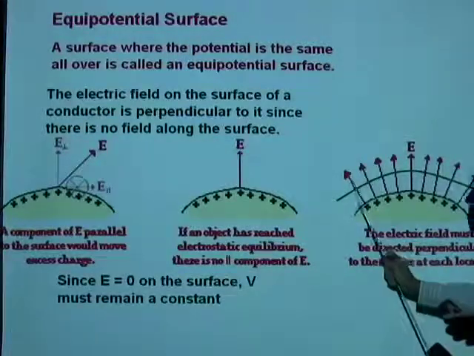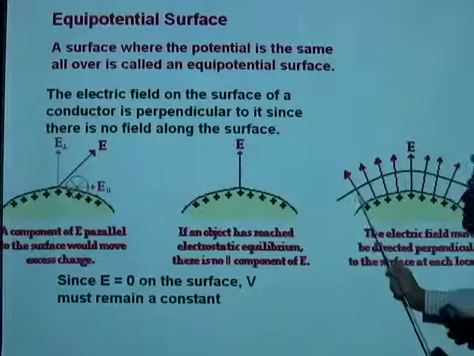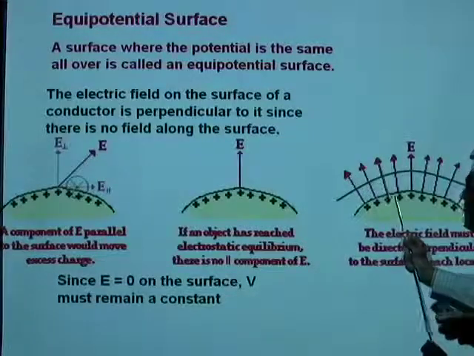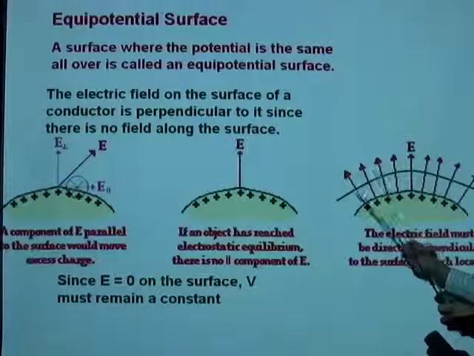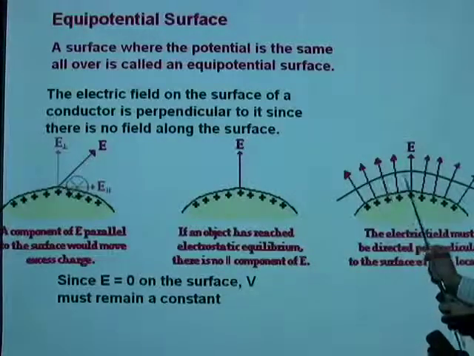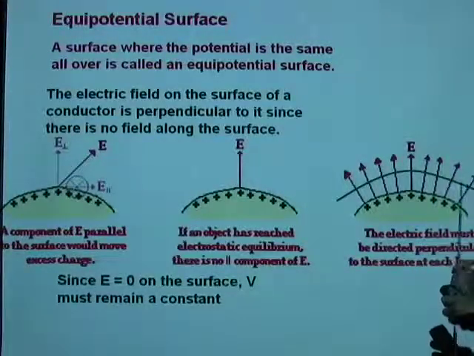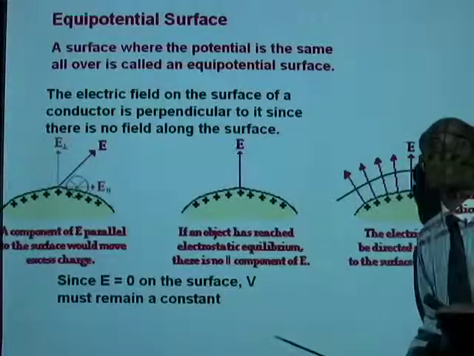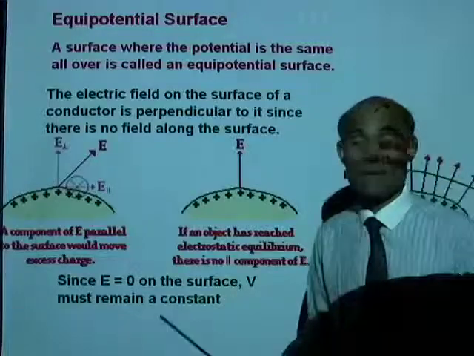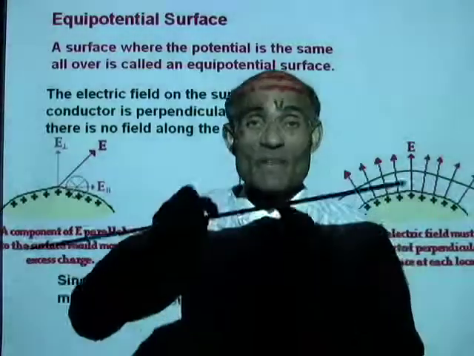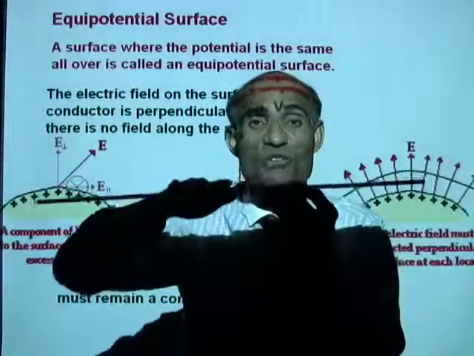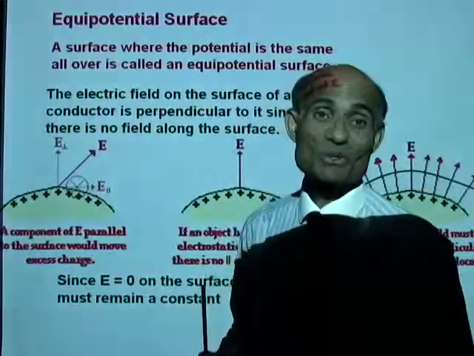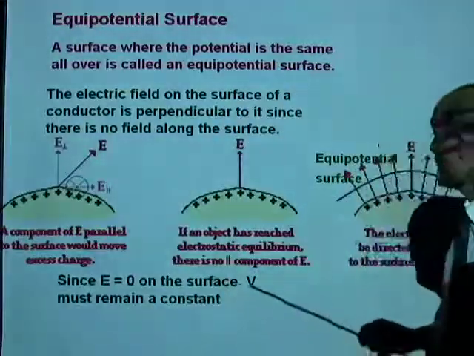Well, you can actually draw many surfaces as long as the electric field remains at right angles to the surface. You know that there is no electric field along that surface. Therefore, that surface also is an equipotential surface. You see that? If you have a surface that is at right angles to an electric field, it is an equipotential surface. All right.